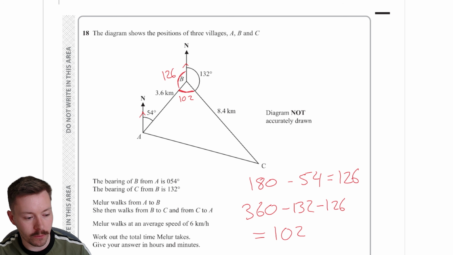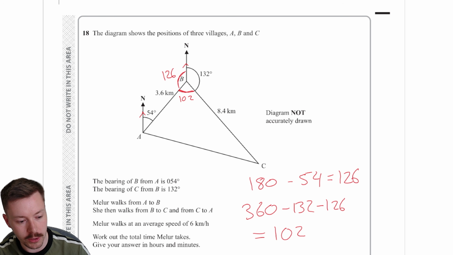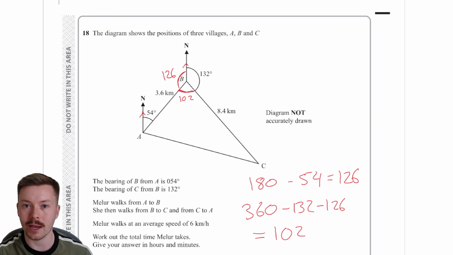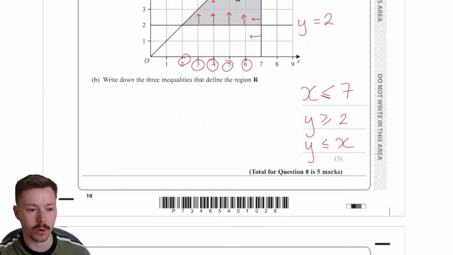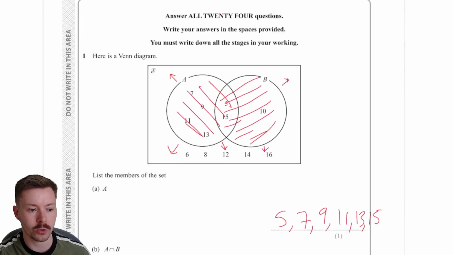Right, so the cosine rule is a squared is equal to b squared plus c squared minus 2bc cos A, where capital A is opposite lowercase a. Now, I believe that is on the formula sheet, so let's scroll all the way back up and just make sure.